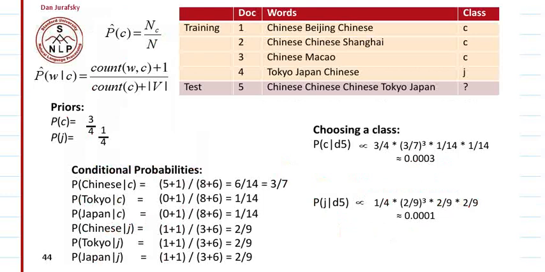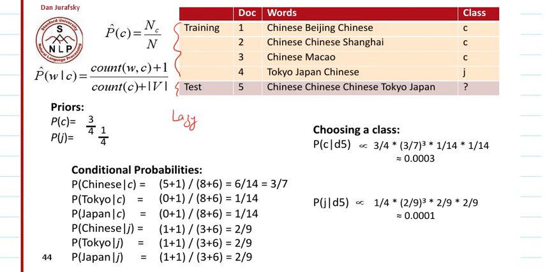So in this example you can see we have the training data and the test data. This is the training data and this is the test data. We have 4 documents in the training data and a single document in the test data. The naive Bayes classifier is actually a lazy classifier.